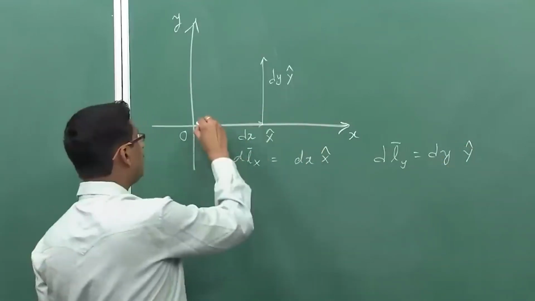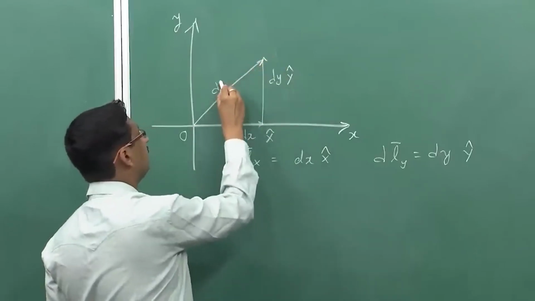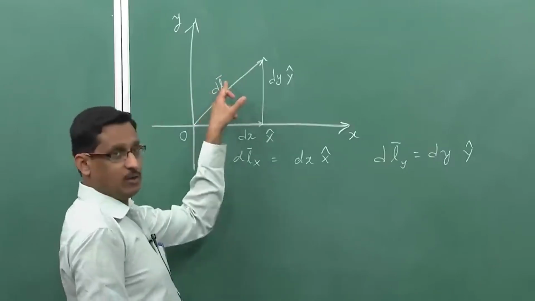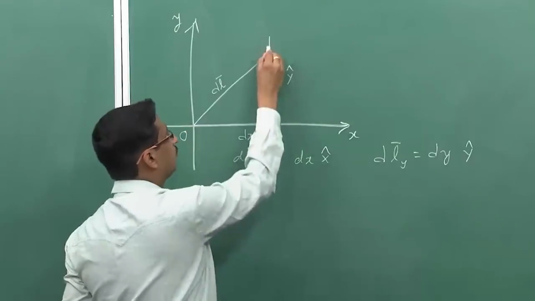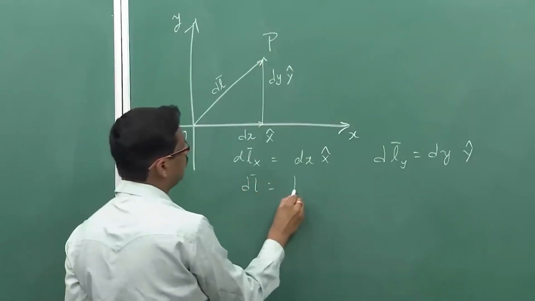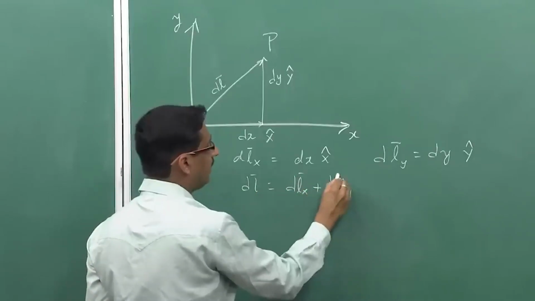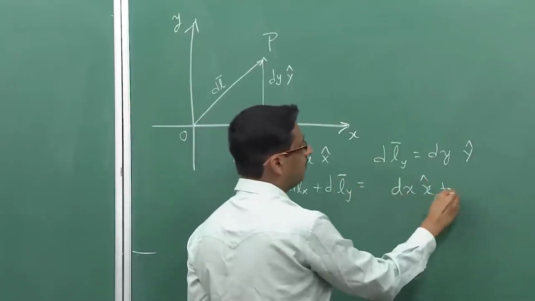If I now consider a general direction of movement, I can write this as some dl, and this vector dl, which represents the vector from the origin to this particular point, call this point P, can be decomposed into two components, dlx plus dly, which is nothing but dx x hat plus dy y hat.